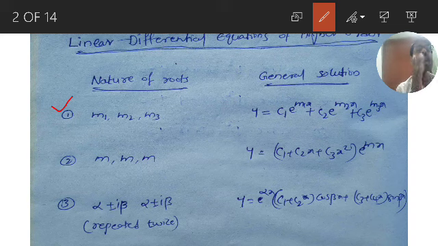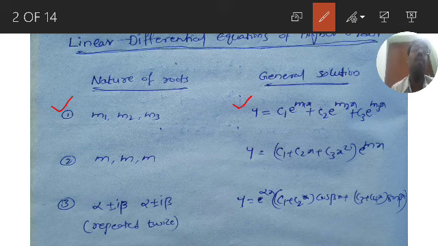Now for m1, m2, m3, 3 real and different roots, we write y equals c1 e to the power m1x plus c2 e to the power m2x plus c3 e to the power m3x.